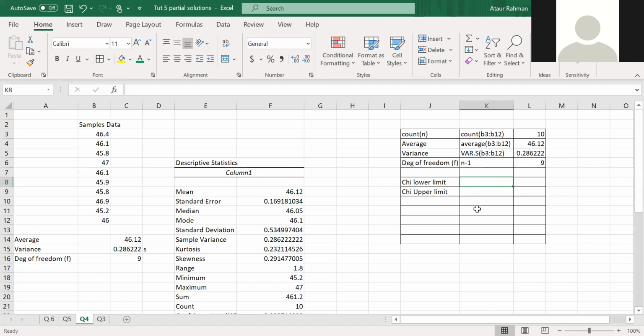So the lower limit will be CHISQ.INV, 0.025, degree of freedom.